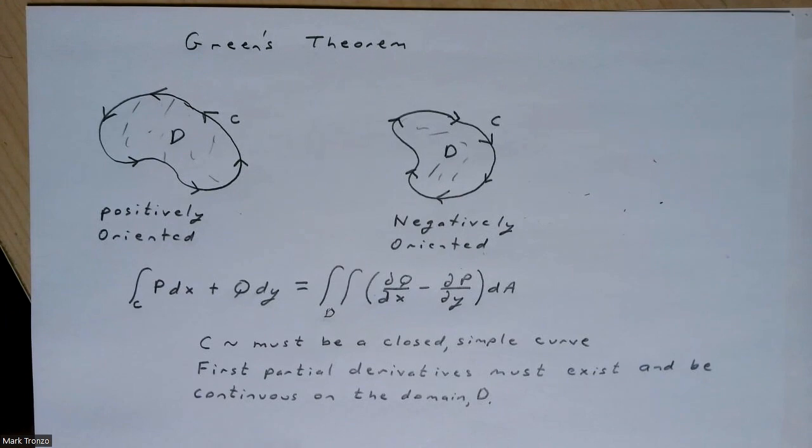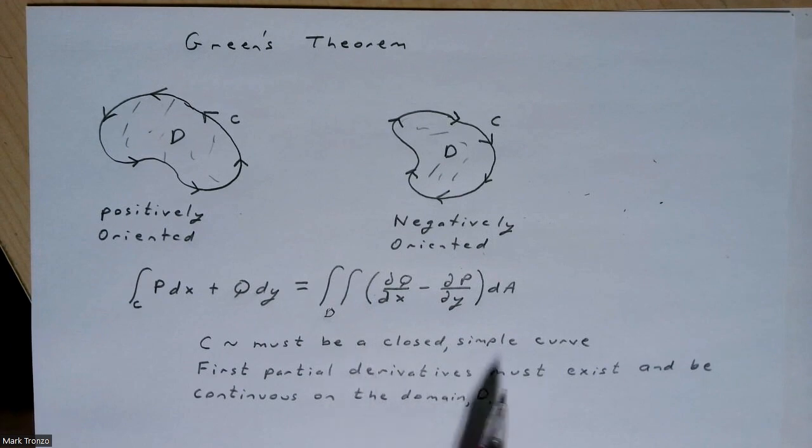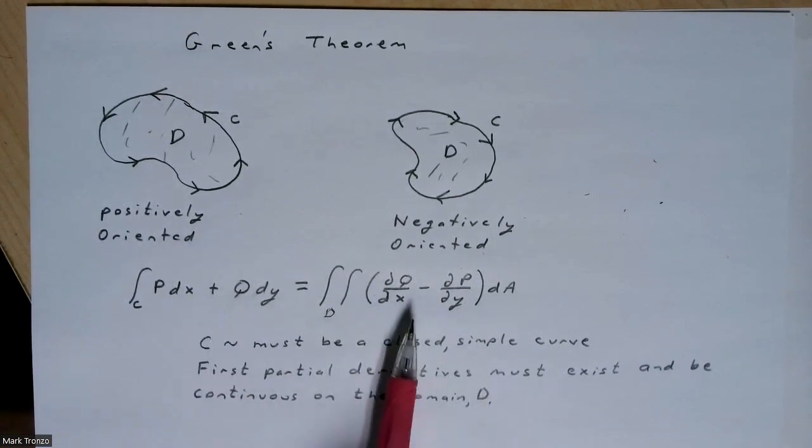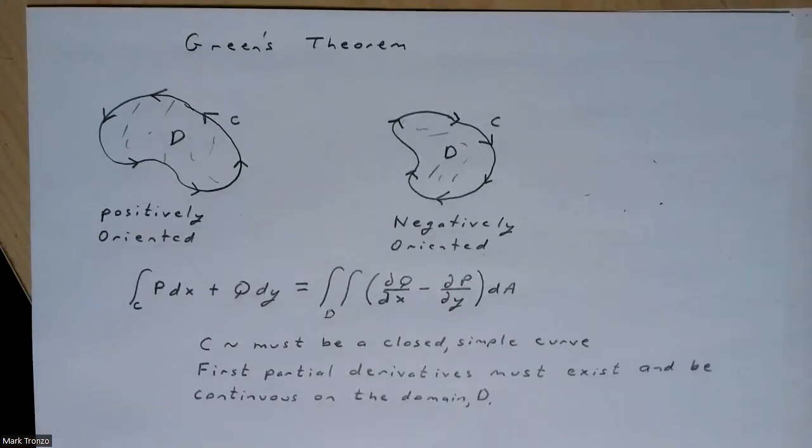So these are required in order to use Green's theorem. We have to have a closed curve, and the first partial derivatives, that'll be the derivatives of P and Q with respect to X and Y, must exist, and they must be continuous over the whole domain.